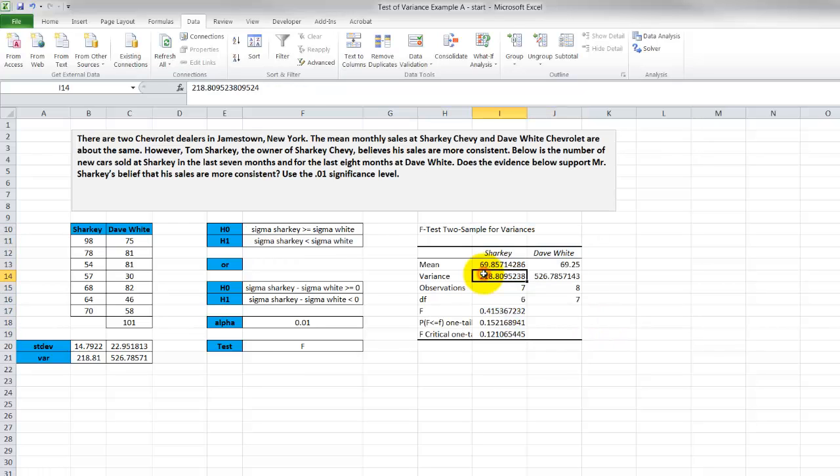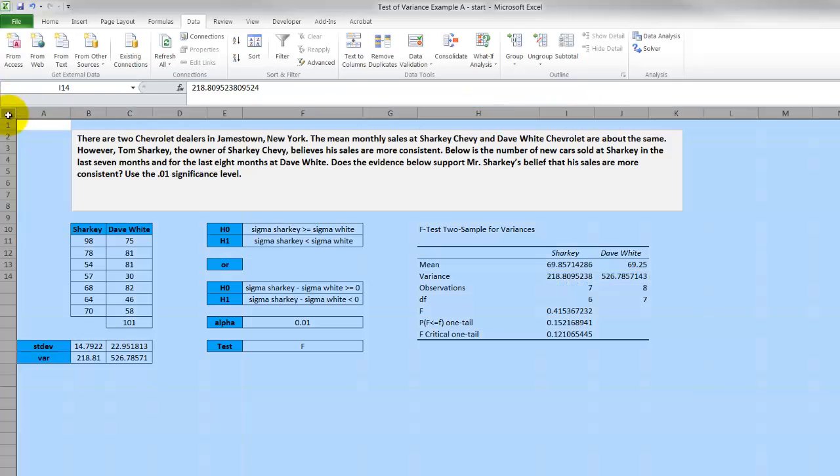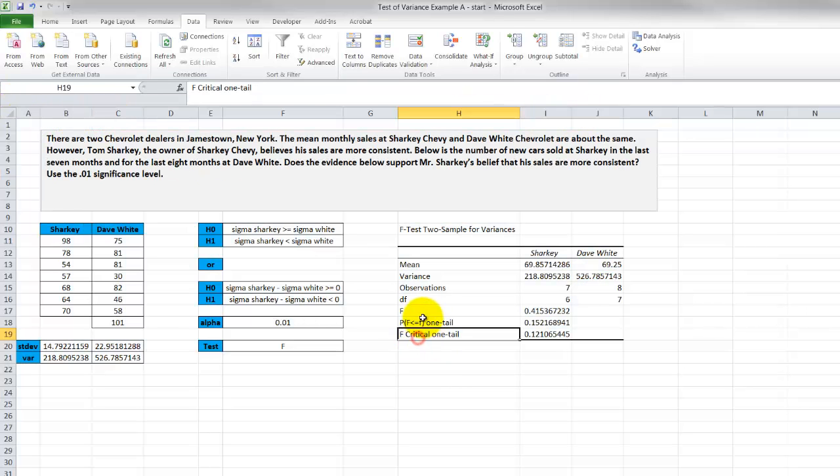Our variation is actually calculated the same, 218.81 and 526. Okay, that's fine. The point I'm trying to make is within this portion of the table. We have F stat at 0.4 and we have F critical at 0.1.